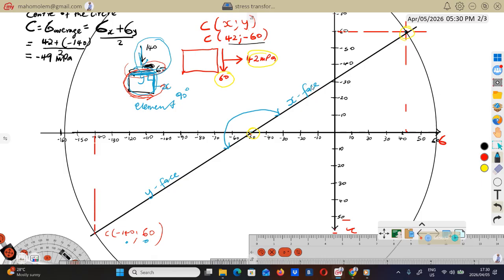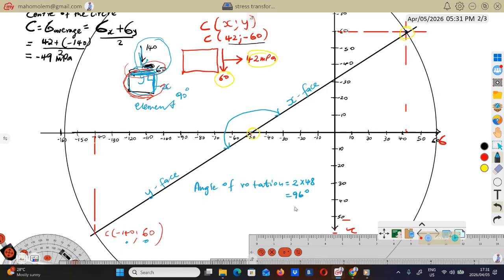48 times 2 is how much? You will forgive me, let me just write it here. Angle of rotation equals 2 times 48, which is 96 degrees.